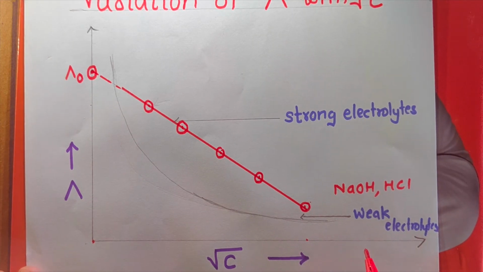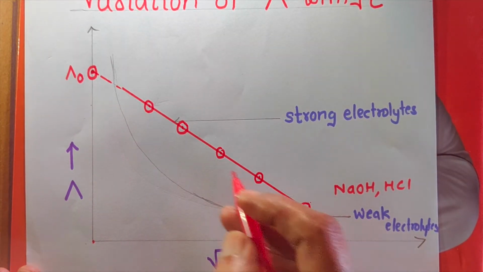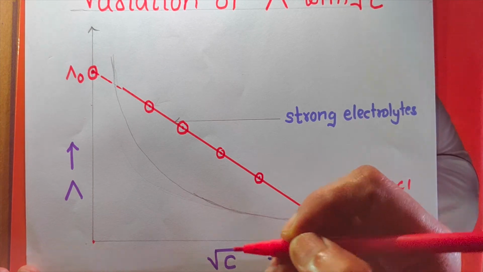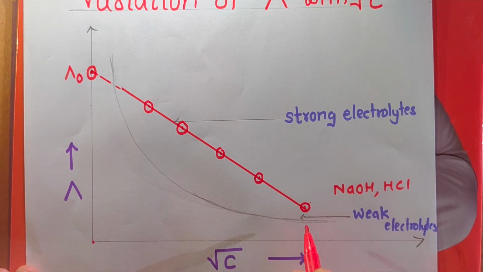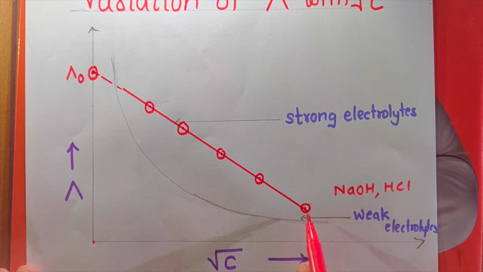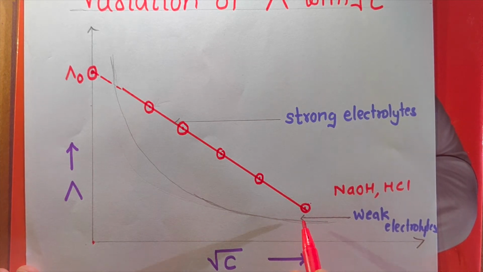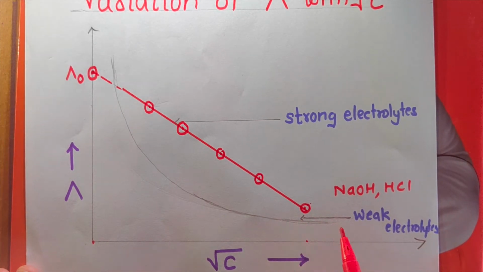But remember, for weak electrolytes the effect is the same, that is, molar conductivity increases with increase in dilution, but the nature is different. At the same concentration the molar conductivity for weak electrolytes will be less, because the number of ions is less.